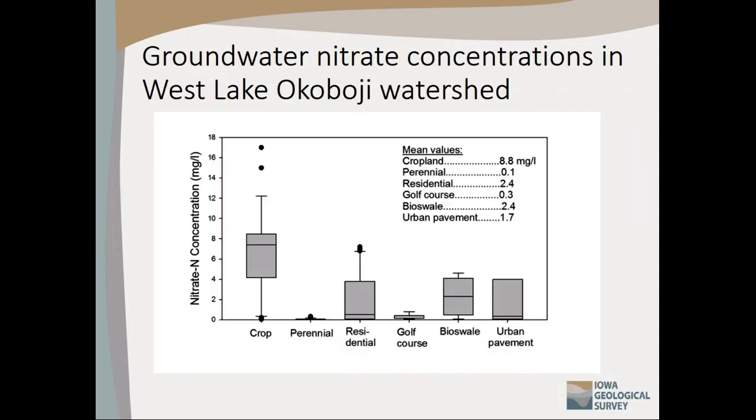So combined with the concentration measurements from cropland, averaged about 9, residential areas, and golf course, we developed this whole HRU, groundwater response unit basis, where we had the concentrations that we measured under these represented land covers multiplied by the groundwater recharge from the monitoring wells.